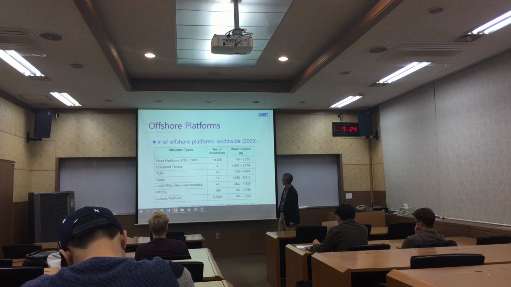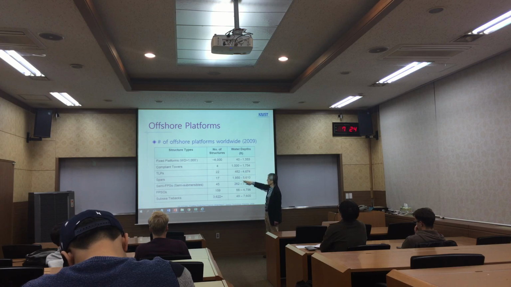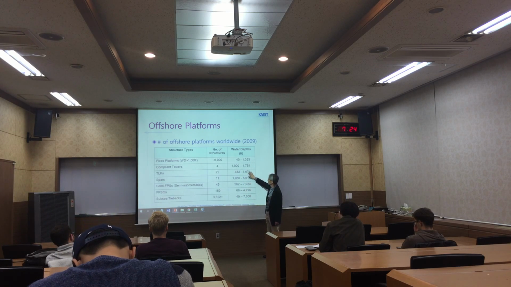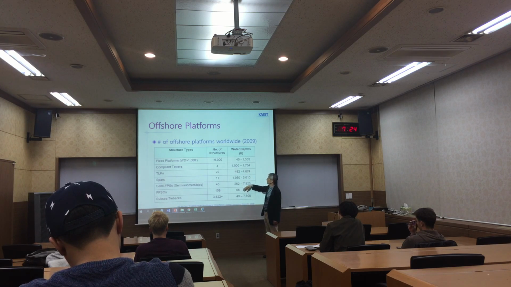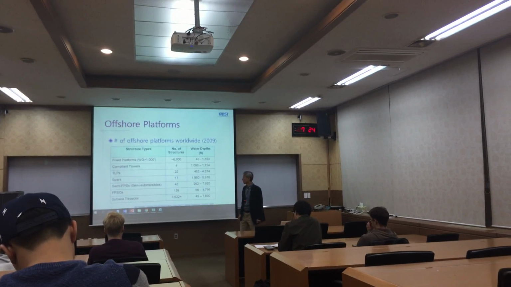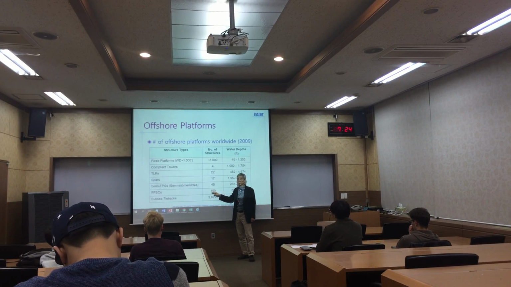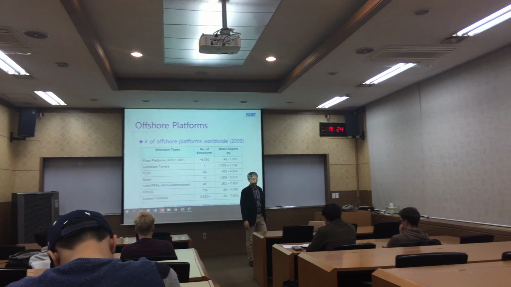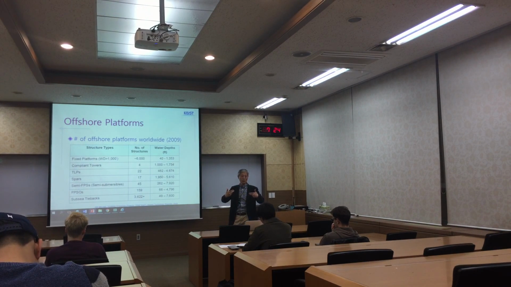And water depth, you can see the water depth increasing. So this is deep water used for floating type. But more numbers in ship type, because this is easy to construct, because sometimes they can convert old oil tankers into FPSO, because they can be ship-shaped.